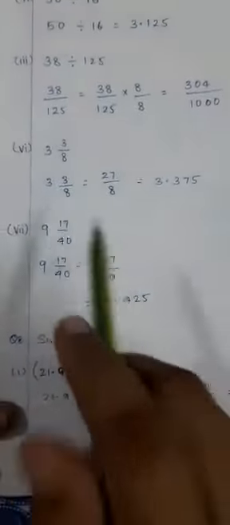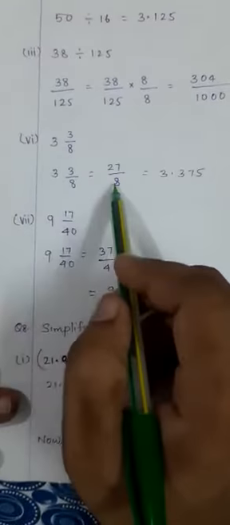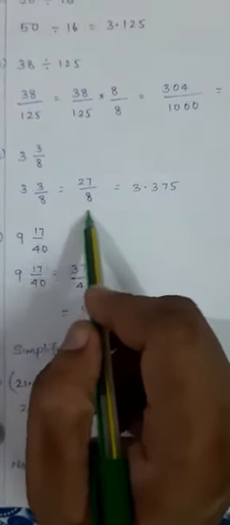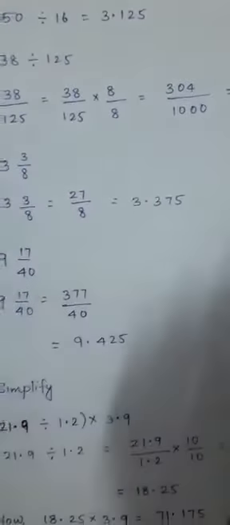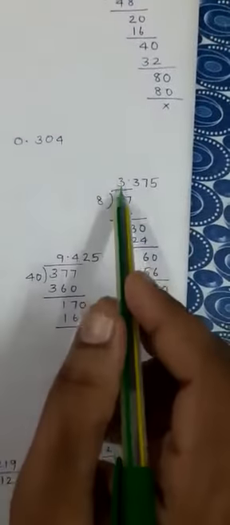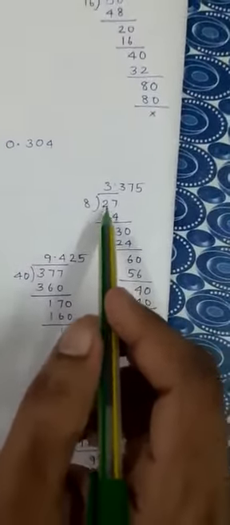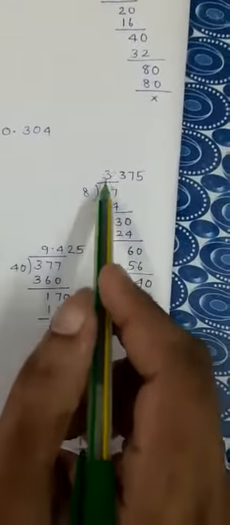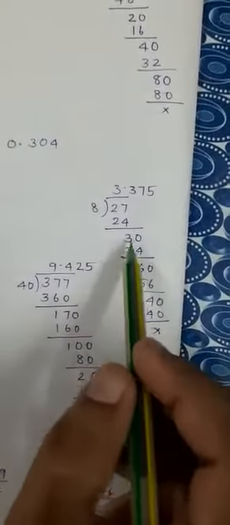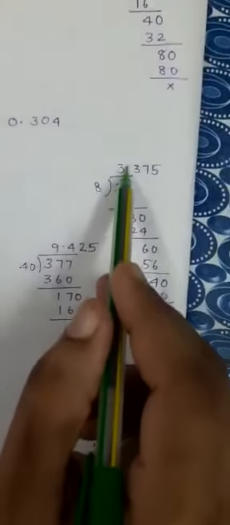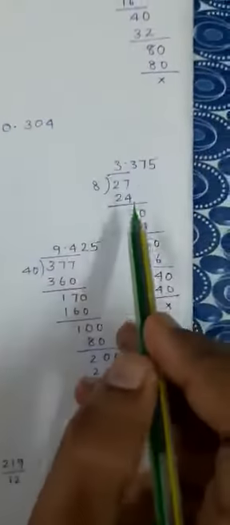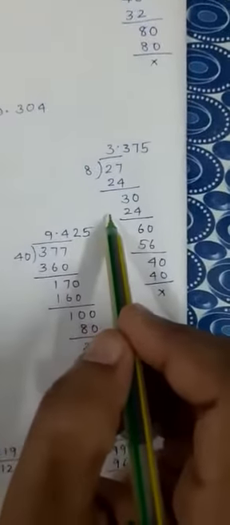Next question, 3 3/8. First convert this mixed fraction into an improper fraction. 3 3/8 is equal to 27/8. On dividing 27 by 8, 8 is contained 3 times in 27. So this is 24. Subtract, 3. Then put a decimal point and put a 0 here.